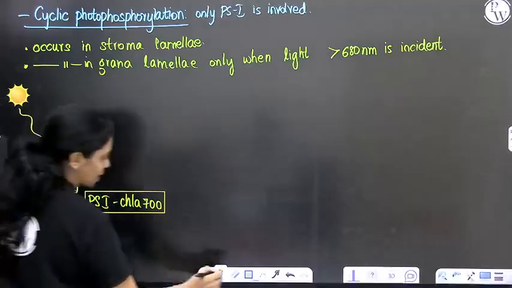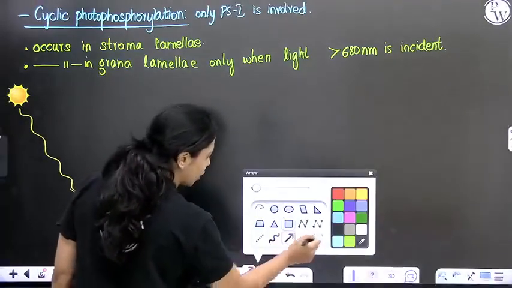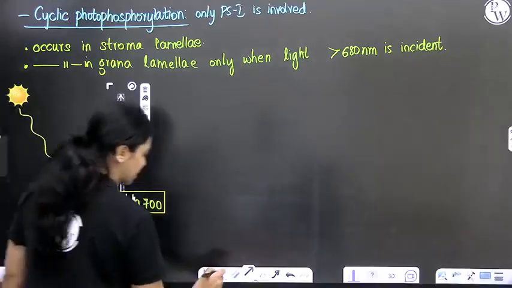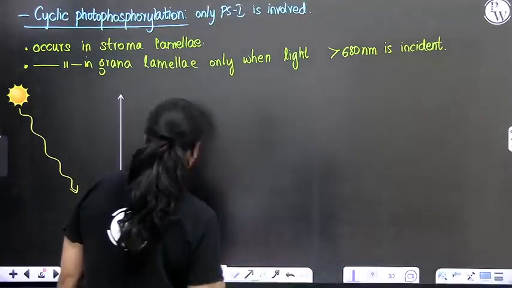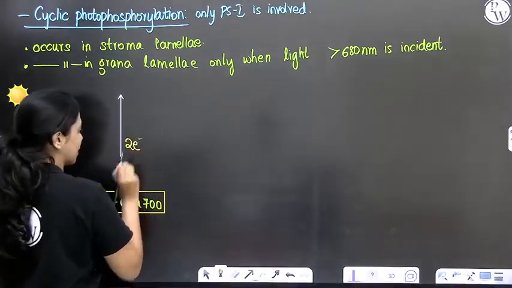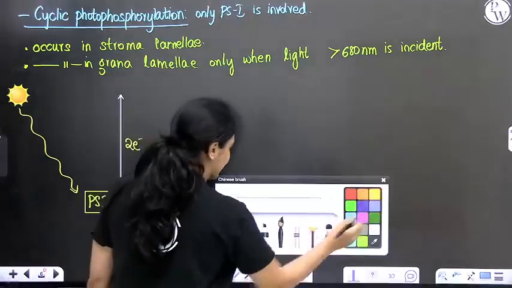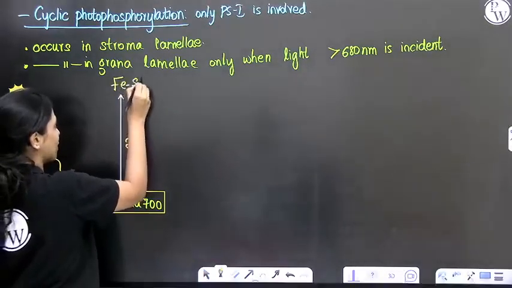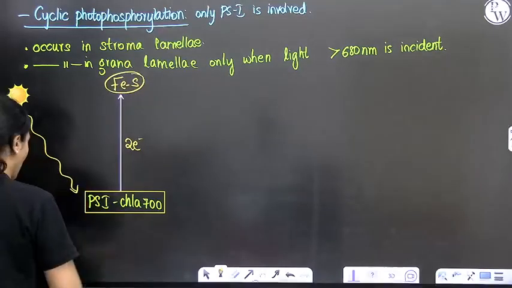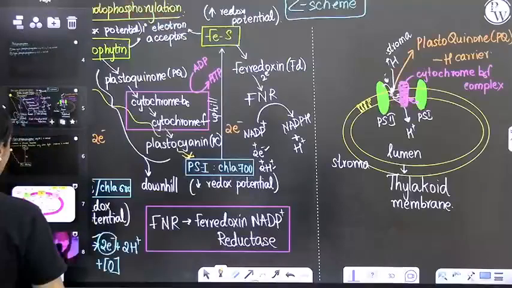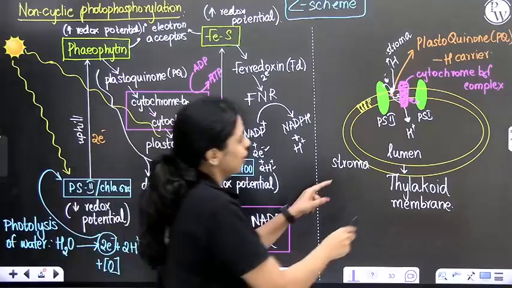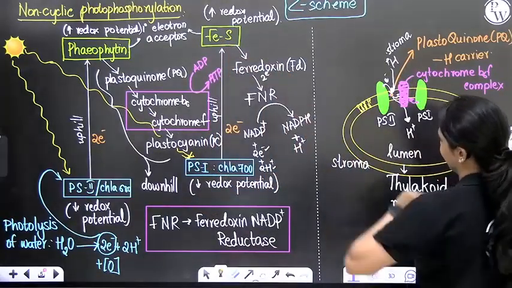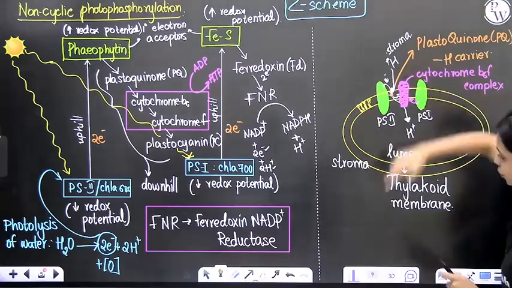Now the electron from the magnesium of chlorophyll A700 will be lost. That is picked up, as usual, by the iron sulfur protein. Now what happens here is, instead of transferring the electron to ferredoxin and forming NADPH, it will take this route.